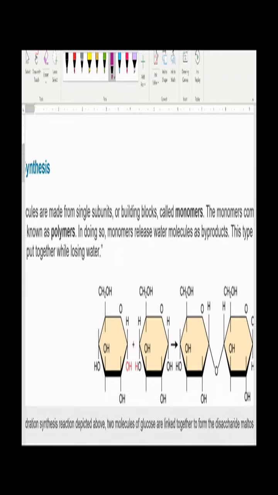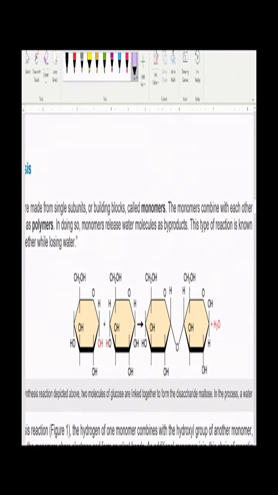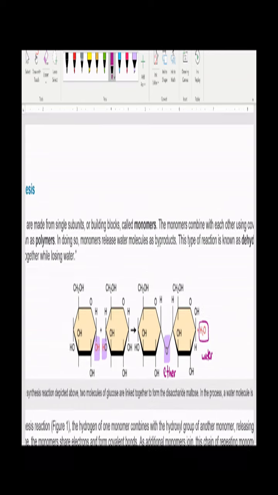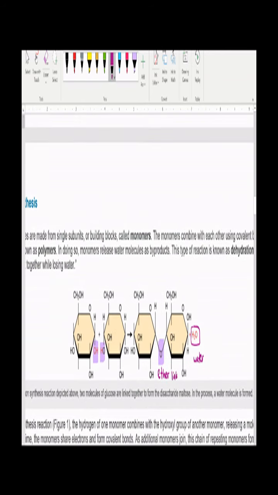Some of the OH groups, and this is where the main reaction is going, will bond to form an ether linkage. So there's our ether group here. What will be lost or given off as a result is water. This is why it's called dehydration, because you're removing or producing a water molecule. And synthesis, because we're creating a new polymer from two original monomers. So our ether linkage here.